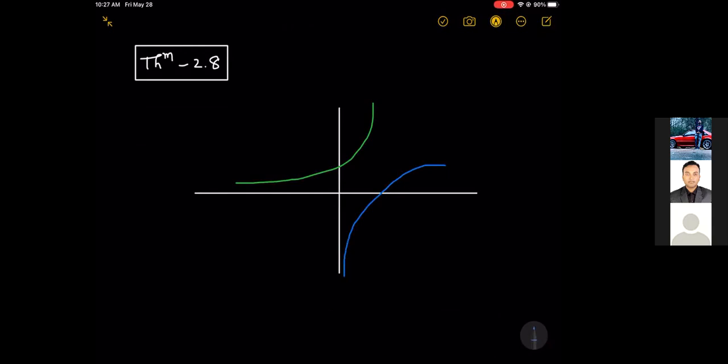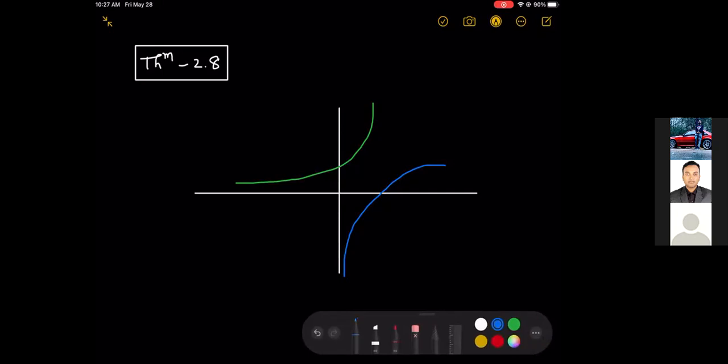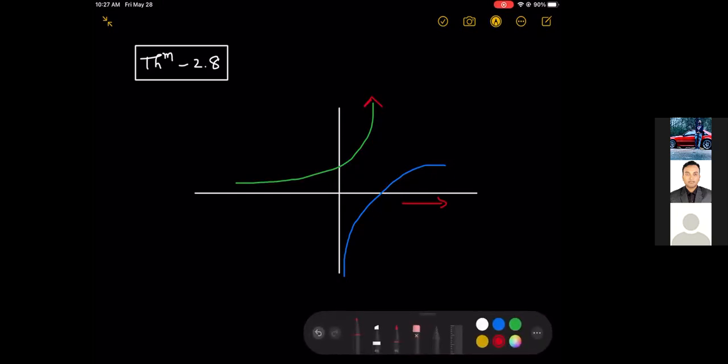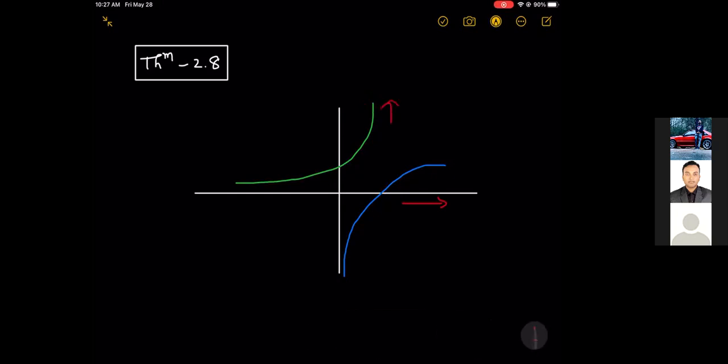Now we want to see the end behavior of this. So when x tends to positive infinity, that means we are approaching to our right. This is going to positive infinity. Do you agree? I think I should use the arrow here. Yeah.